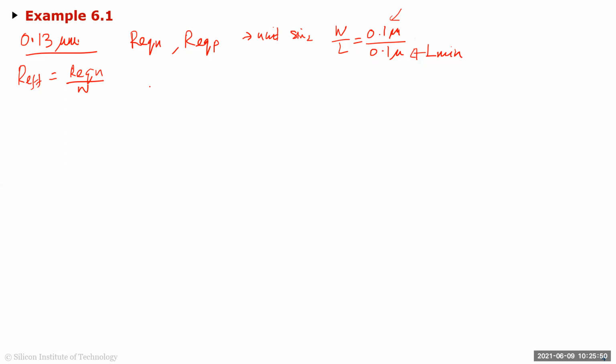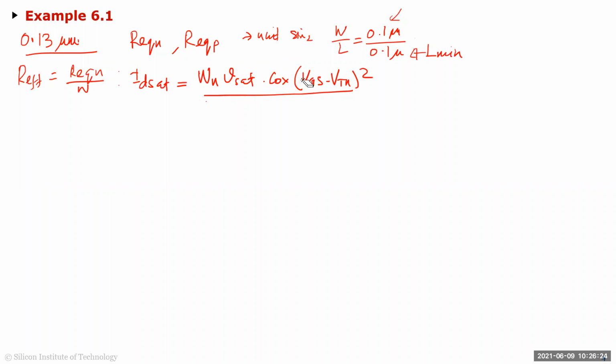I'll take the values from the table provided in the book. Let's calculate ID sat for the NMOS first. If you remember the equation we showed yesterday, it is V sat times Cox (VGS minus VTN) squared, divided by (VGS minus VTN) plus the critical electric field times the length.